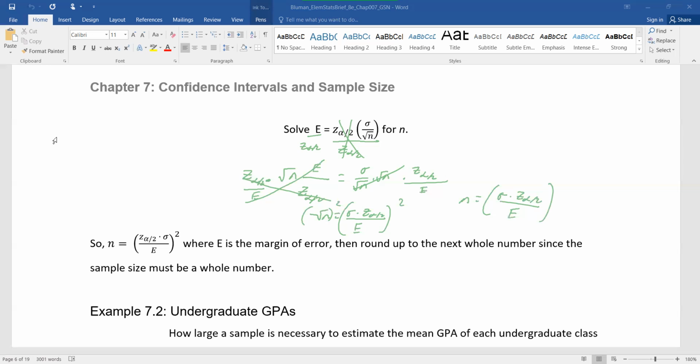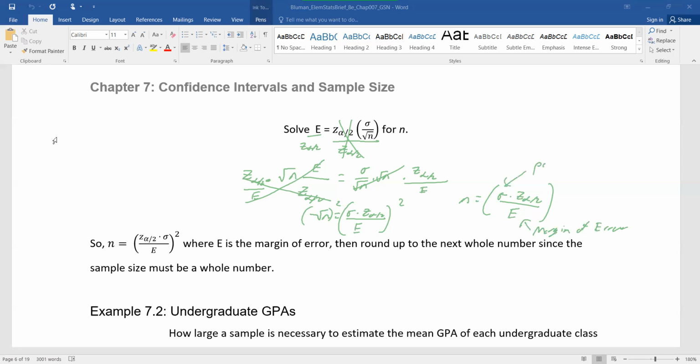So if I'm given my margin of error, my population standard deviation, and my confidence interval, basically I would have to find, if it's 90 percent or 99 percent, what that z-score is. E is the margin of error.